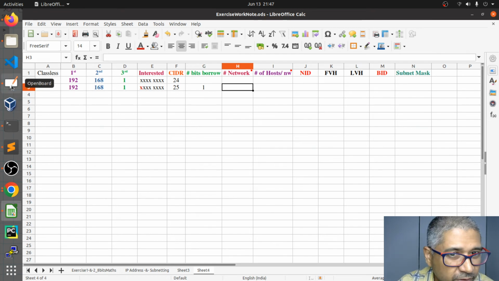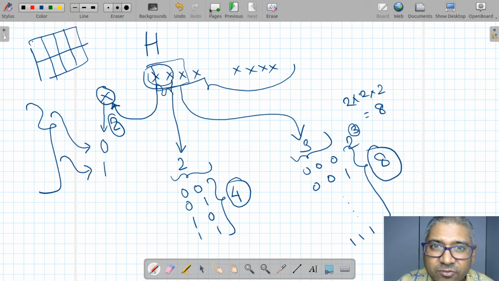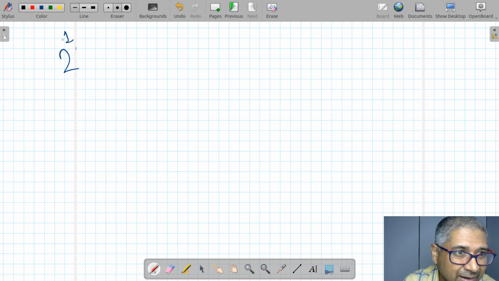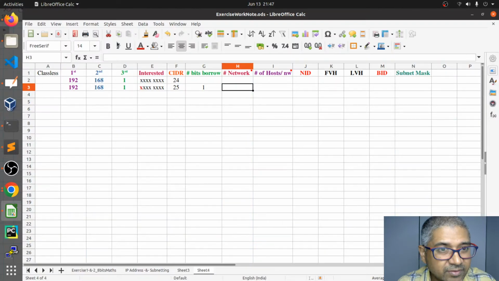How is it defined? It is 2 to the power of the number of bits you borrowed. What is the value? 2. So the number of networks will be 2.